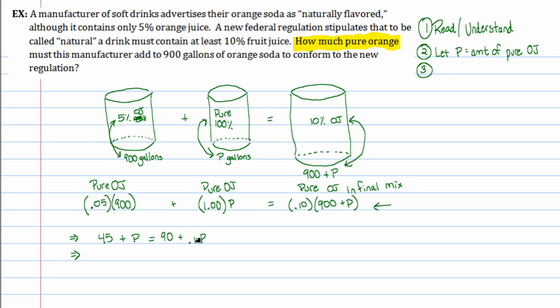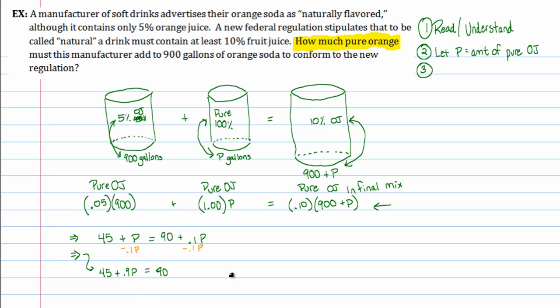If I'm going to gather all my variables on one side, I'll subtract 0.1P from both sides. And this will give me 45 plus 0.9P is equal to 90.